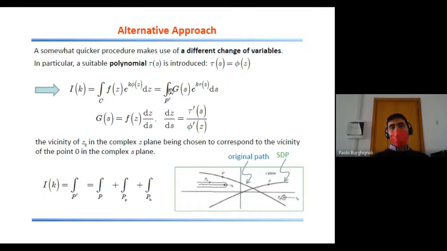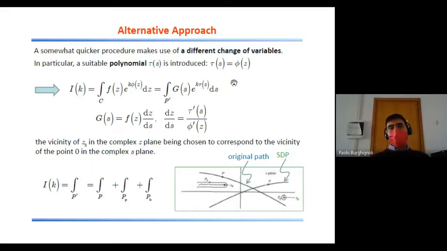The function g of s contains the original function f and the Jacobian, so the derivative of z with respect to s, which can be evaluated in turn by means of the implicit function theorem as the ratio between the first derivative tau prime of s and the first derivative phi prime of z. Okay, this is the function g. And finally, we have the Laplace exponential, in which now we have a polynomial in the exponent.